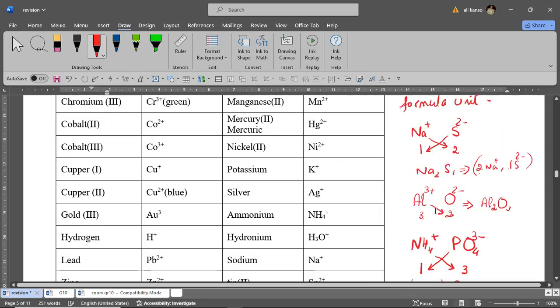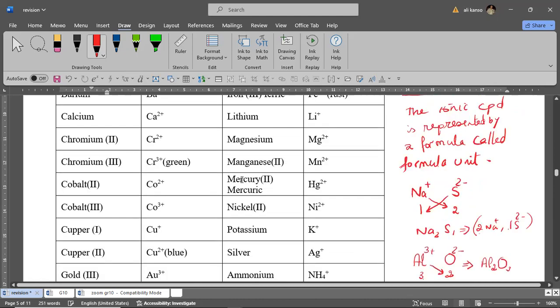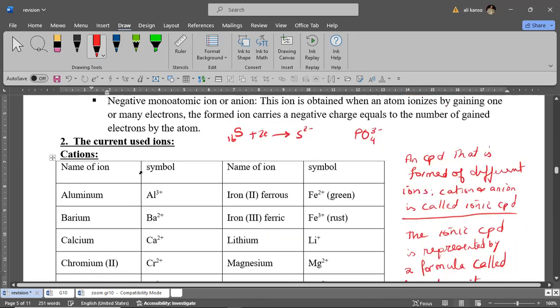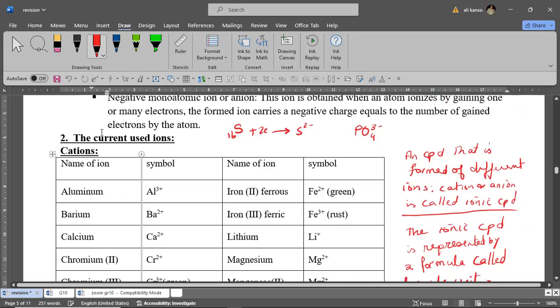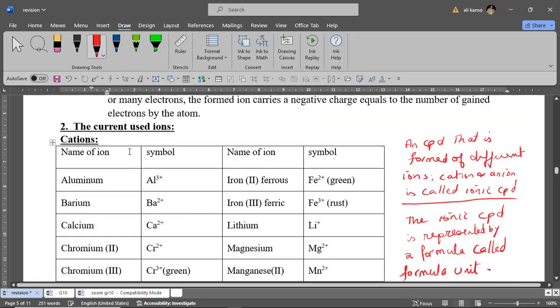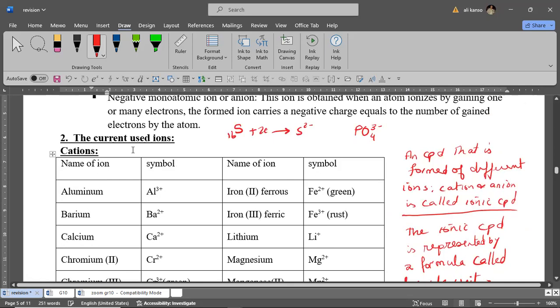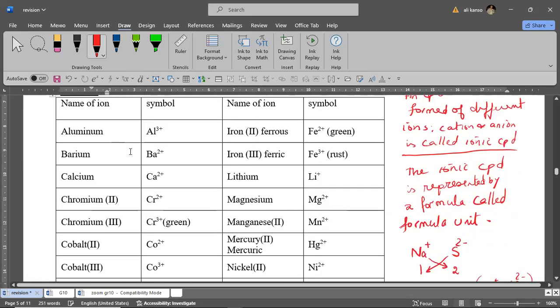Writing the formula unit depends on what? It depends on the names. The names of the cations: the name doesn't change. The anion and the cation have the same name as the corresponding atom.